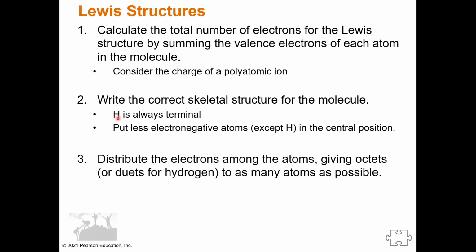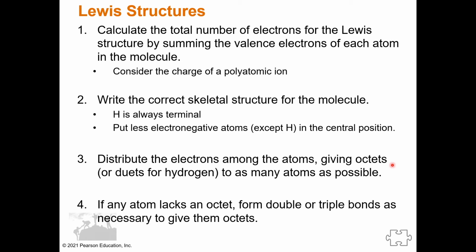Make sure that you are adding enough electrons so that each atom would have a complete octet or duet, whatever the case is. But make sure that you use all the electrons from step 1. After you've used all your electrons, but you see that some atoms don't have a complete octet, this is where you would need to draw out double bonds or triple bonds.